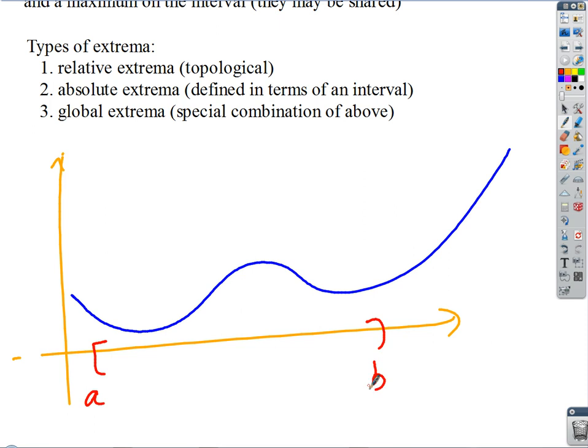Just kind of by eyeballing it here, could you sort of estimate for me where's the absolute minimum on that? Just describe it on that interval from A to B. Closest to A, kind of at the bottom of that valley. Okay, good. So we could say that is a relative minimum. And pretty obviously, where's the relative maximum?